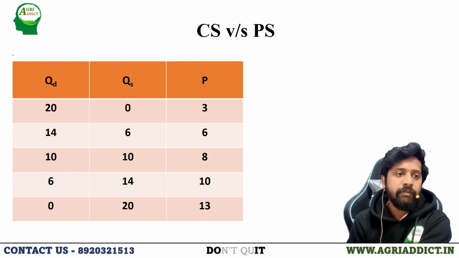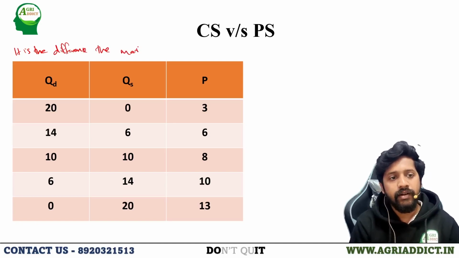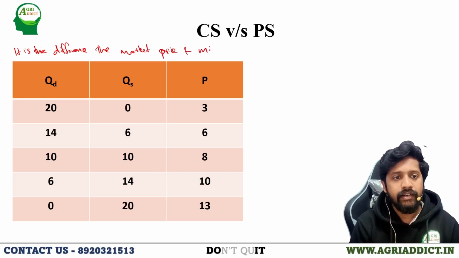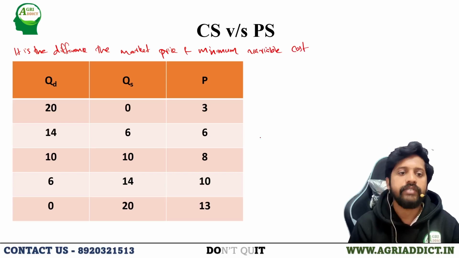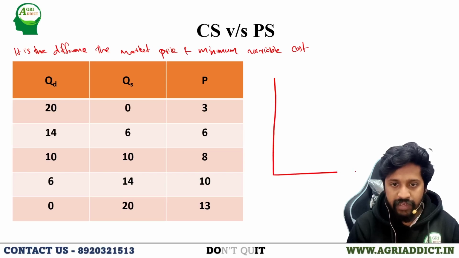So producer surplus is the difference between the market price and minimum variable cost. So we will be explaining this consumer surplus and producer surplus with the help of a graph.